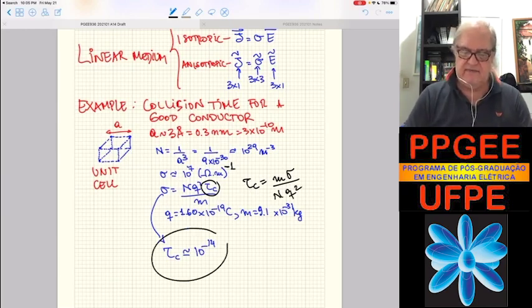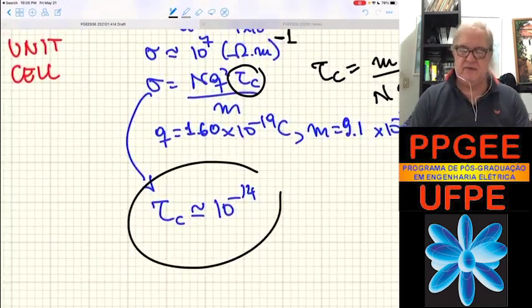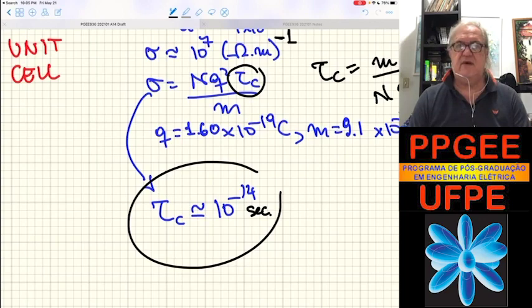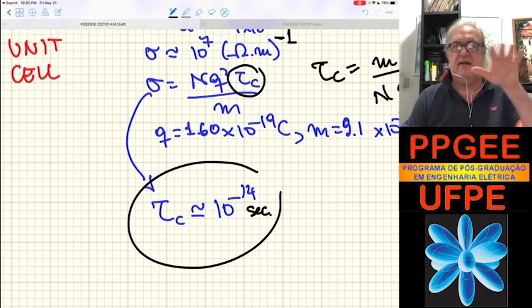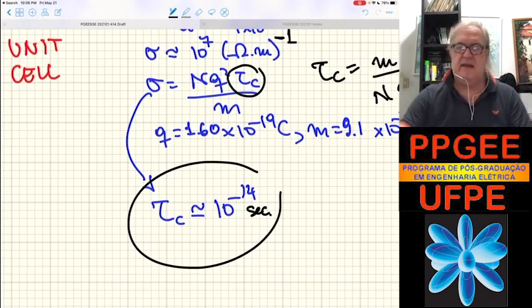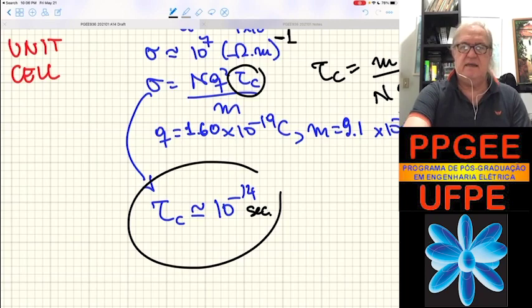So you're going to get something like 10 to the minus 14 seconds. So for our effects, after 10 to the minus 14 seconds, the average velocity reached steady state, and the current density has reached steady state.